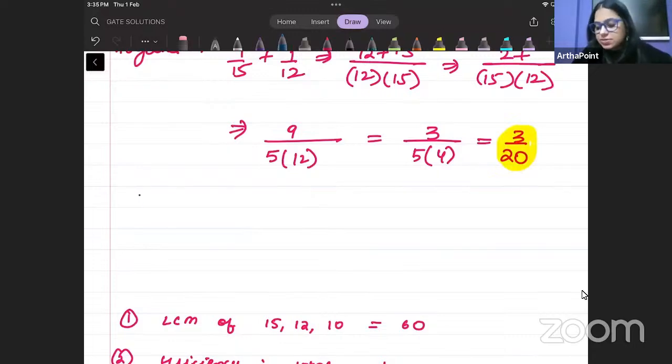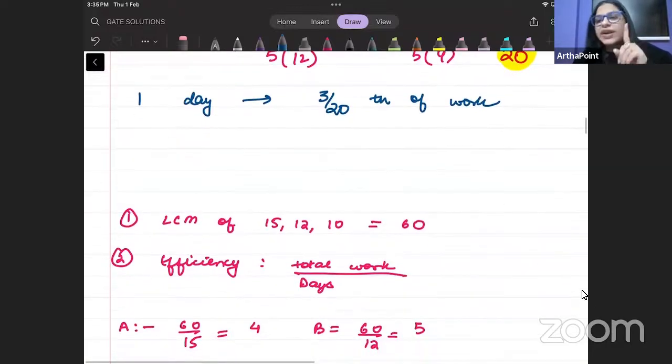So let me write this statement: in one day, they can do 3/20th of the work. Right? 3/20th of the work is completed in one day.